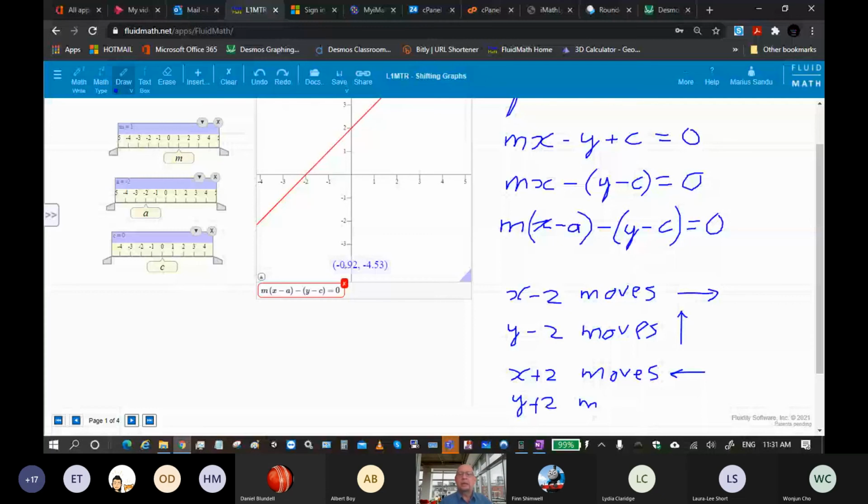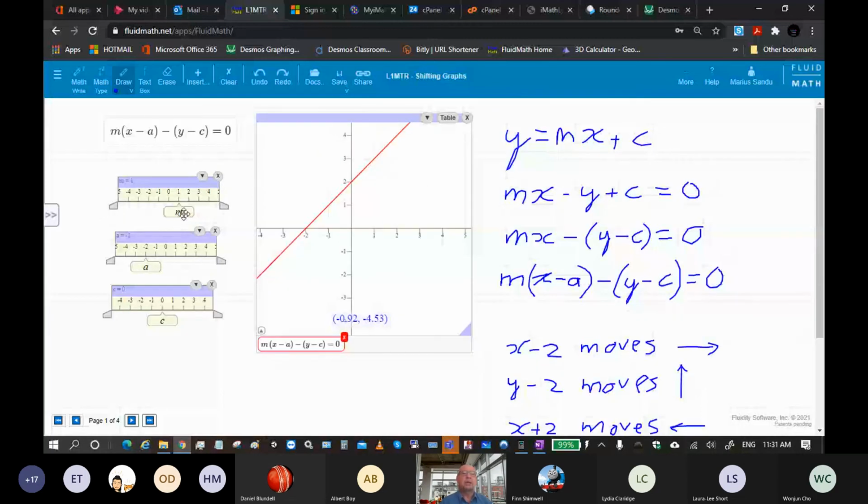So this is my form when I want to emphasize the shifts left and right, and this m just changes the gradient. But for the same gradient, a and c move the graph counterintuitively.